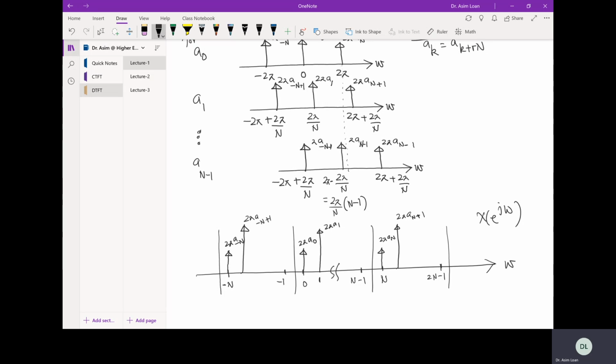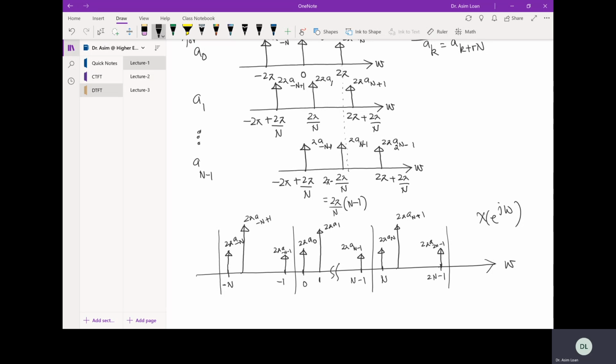And then it goes on. For n minus 1, I have 2 pi a of n minus 1. And this is repeated over here, which is 2 pi a of minus n minus 1. And this is also repeated over here. Oh, no, this is 2n minus 1, 2 pi a of 2n minus 1, right?